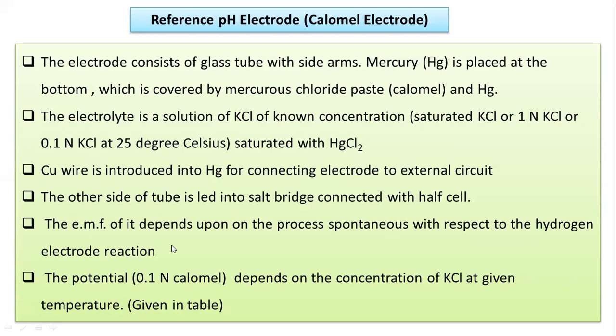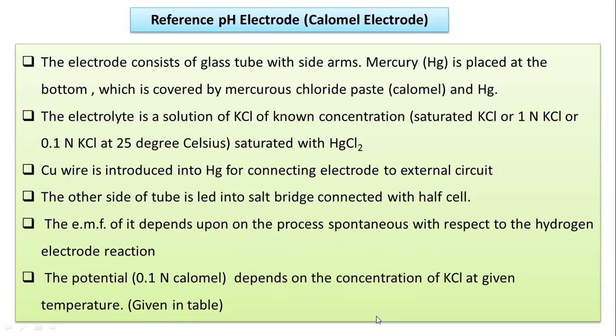Now the EMF of this particular overall concentration depends upon the process that is spontaneous with respect to the hydrogen electrode reaction. So whenever the hydrogen electrode reaction is there, that will ultimately calculate the EMF depending upon the spontaneous process. The potential of a 0.1 normal calomel depends on the concentration of KCl at a given temperature.